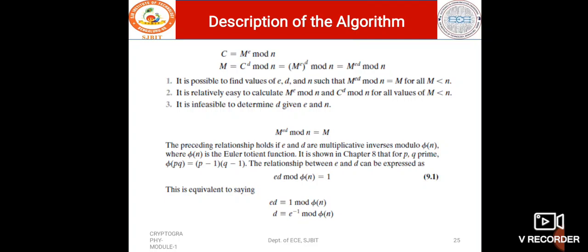In the description of the algorithm, RSA makes use of an expression with exponentials. Plaintext is encrypted in blocks, with each block having a binary value that is less than some number n.